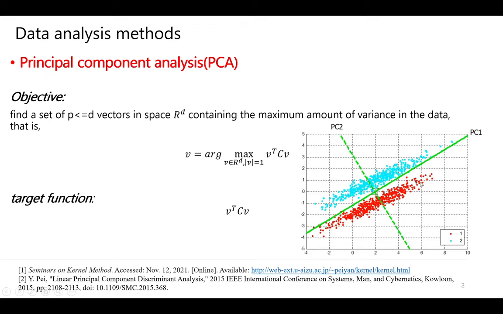As shown in this picture, PC1 is our target direction because the projections of all of the data onto this direction are the most decentralized. That is, projections have the maximum amount of variance, and this part is the amount of variance.